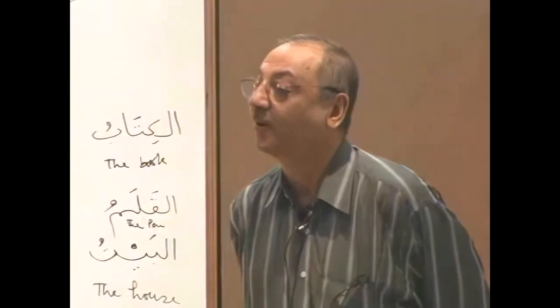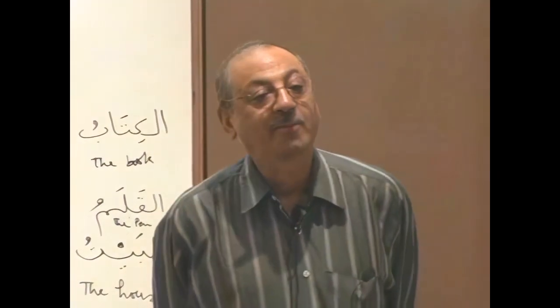It is definite. Brother, how come? Tanween means indefinite, and now you say Muhammad is definite. Yes, you are right. Why? Because Muhammad is a proper noun. All proper nouns are definite. When you say Muhammad, it doesn't mean any Muhammad. It means one particular Muhammad.